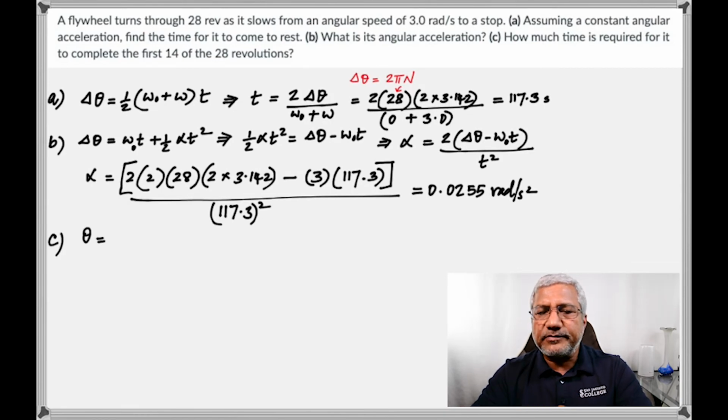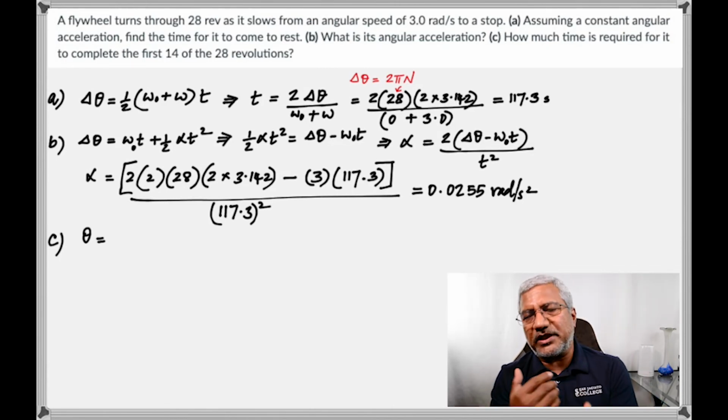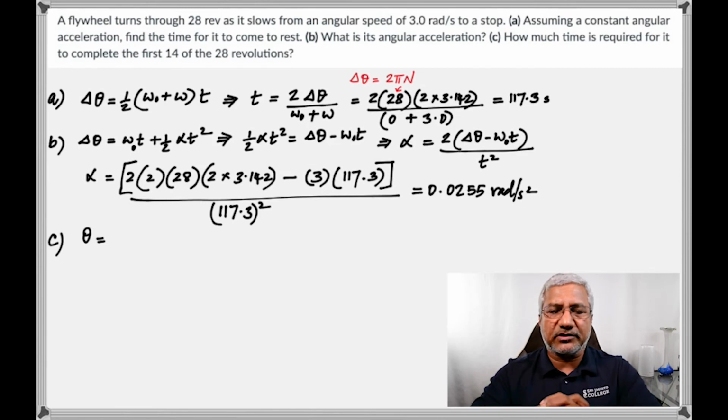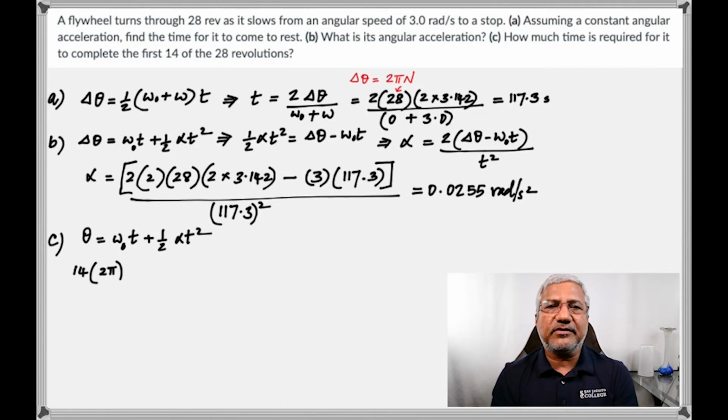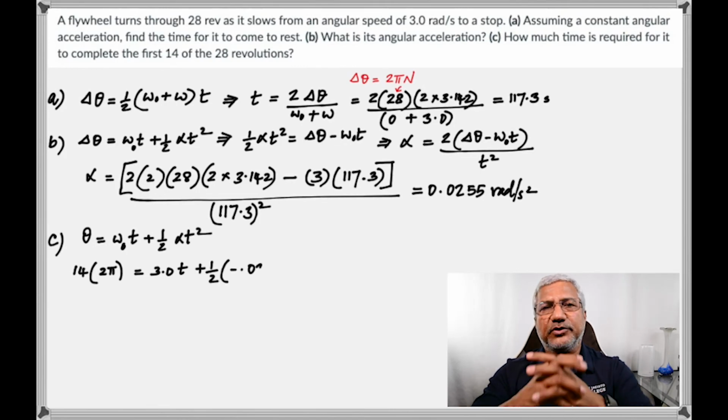Now the C part. How much time is required for it to complete the first 14 of the 28 revolutions? So it's just that time to complete the first 14 revolutions. So we're going to use the same formula that we used before in B, because now that we have the alpha, and theta in this time is 14 times 2 pi, because we are only looking at 14 revolutions at the beginning.